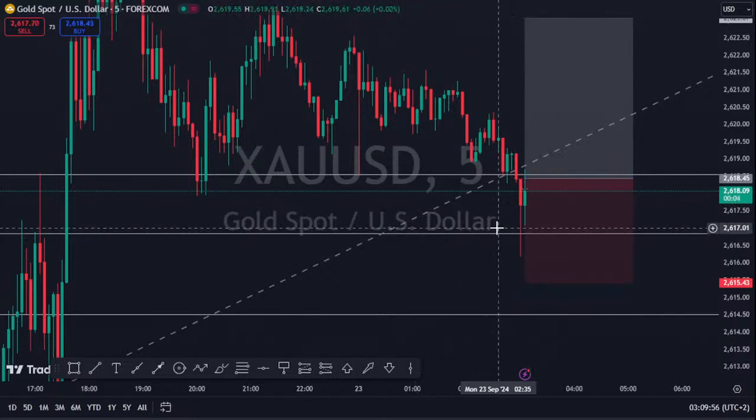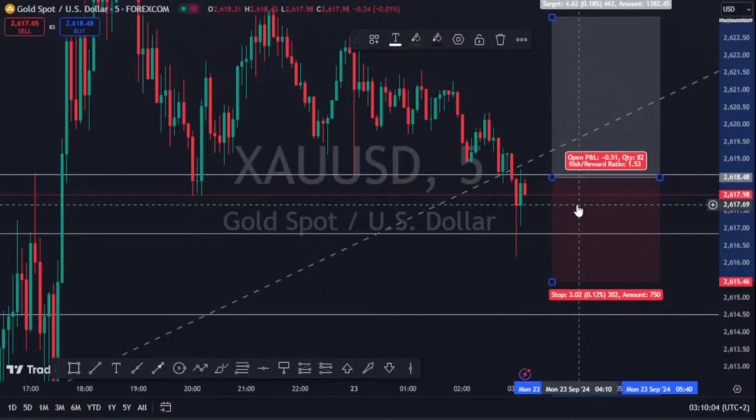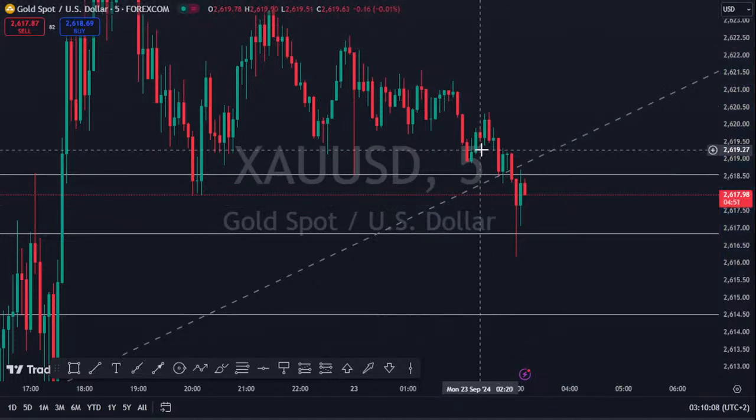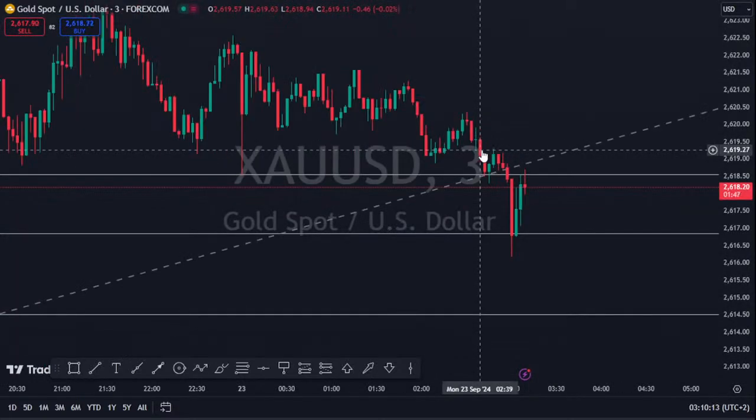Under 14, 3, 2, 1, 0, it failed, so we cannot consider it. Price failed also under smaller time frames.